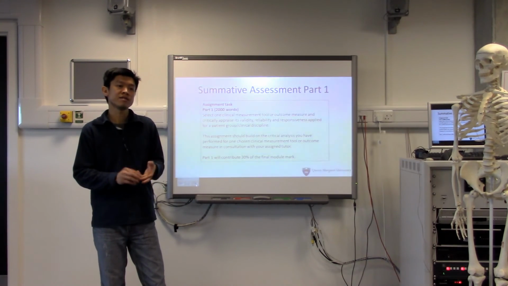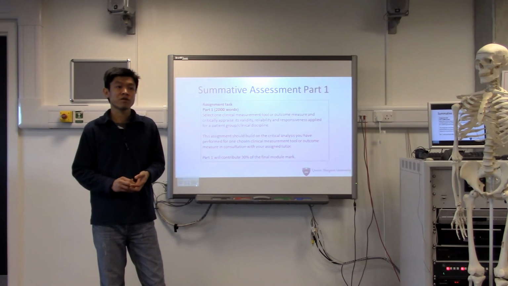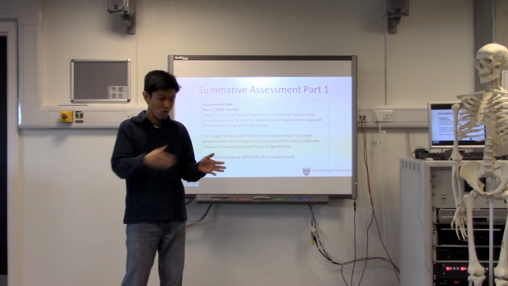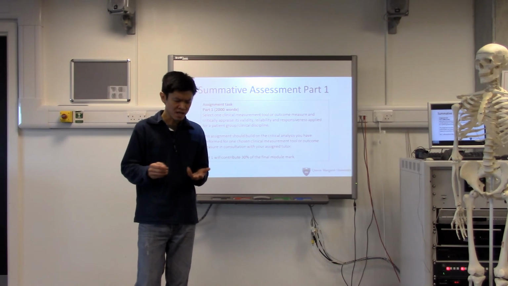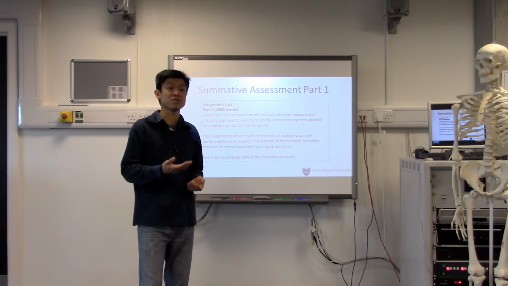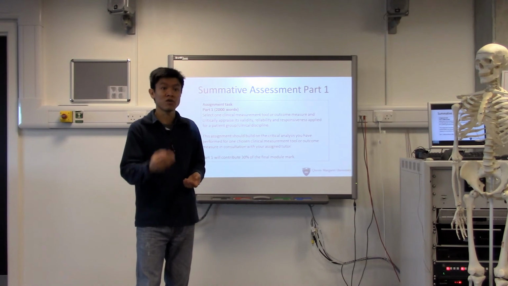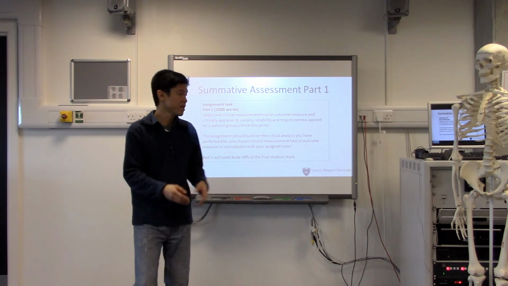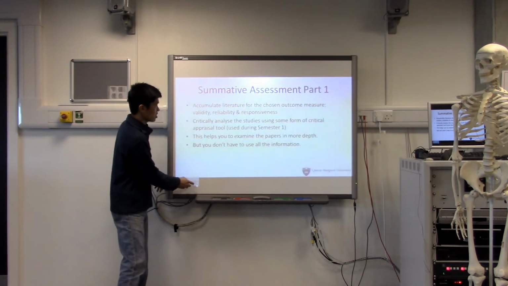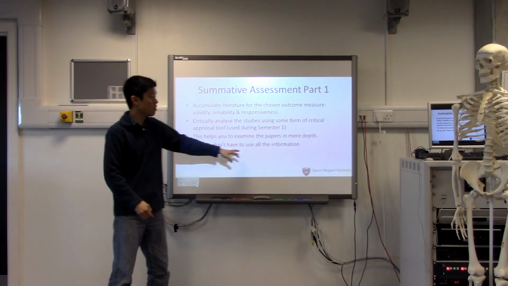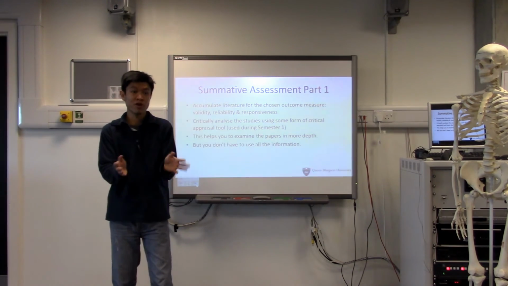If you've already done that, the next thing you need to do is do a very quick appraisal of all the papers that you've collected so far, okay? Using the critical appraisal skills that we've taught you, looking at how good a paper is. Now, just to say that you won't actually be using all the information within the critical appraisal that you do.